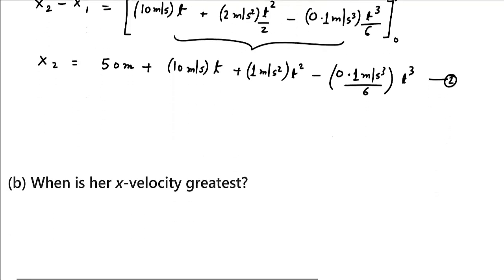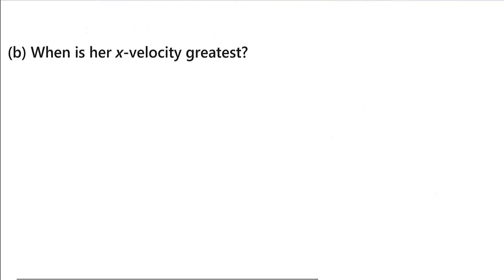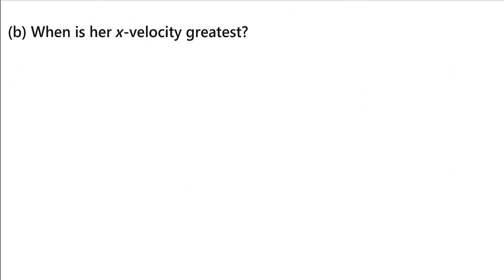Now the second part of the problem says, when is her x velocity greatest. So when will we have maximum velocity in the x direction? If you have some idea of calculus, if I want Vx to be maximum, and Vx is a function of time, then I have to satisfy this condition, that is dVx divided by dt is equal to 0.